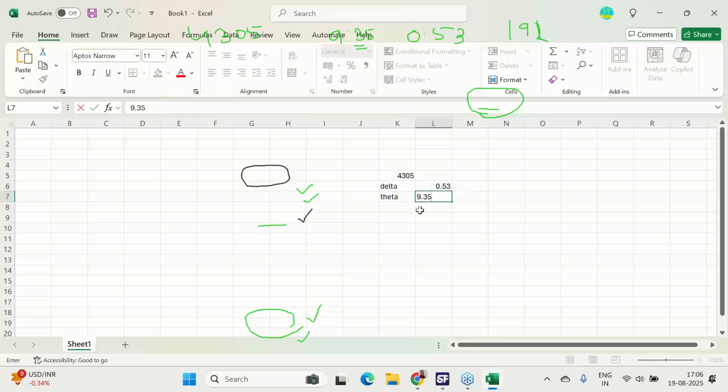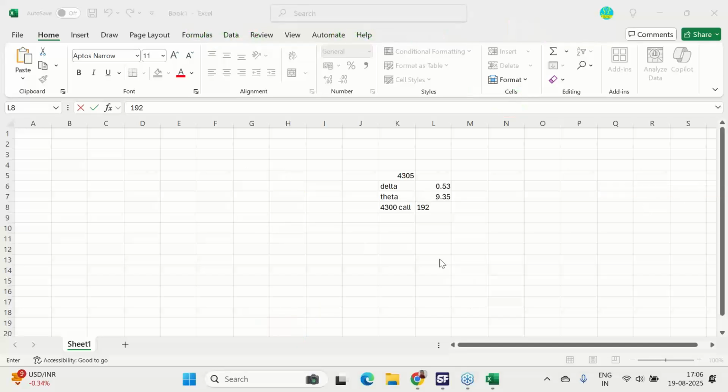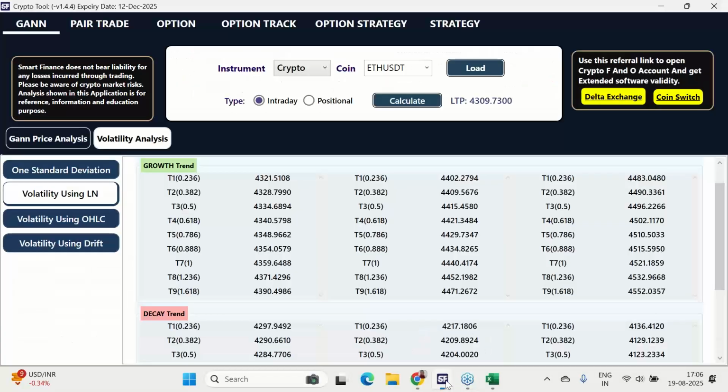Our strike is the 4300 call, trading at 192. You can put 191 or 192. We'll erase all these things. So this is what we have now.